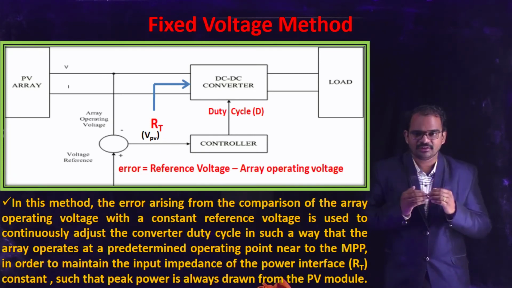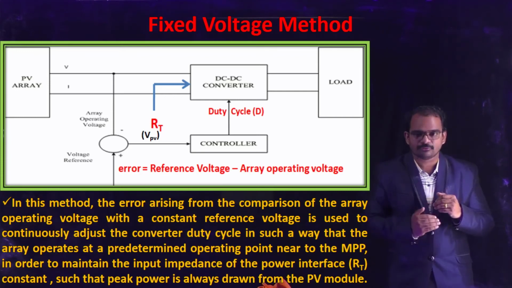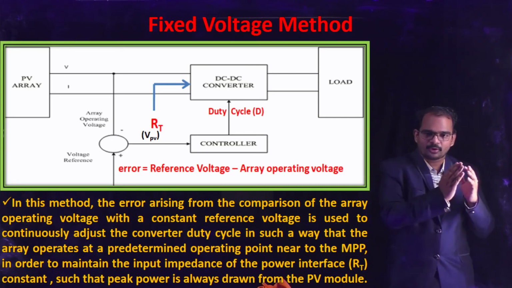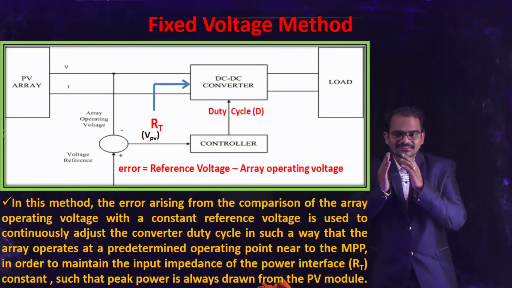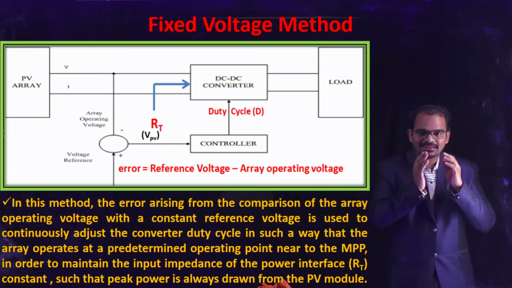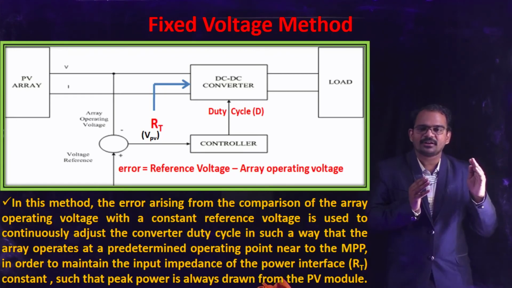On the other hand, if the array operating voltage decreases to 18 volts or 17 volts, say for example, at 17 volts, what happens? The operating point will move to the left of the MPP and reach a point C. At C, we have already seen that the power is always less than PMA, and thereby we now have to increase the array operating voltage from 17 volts to 19 volts.